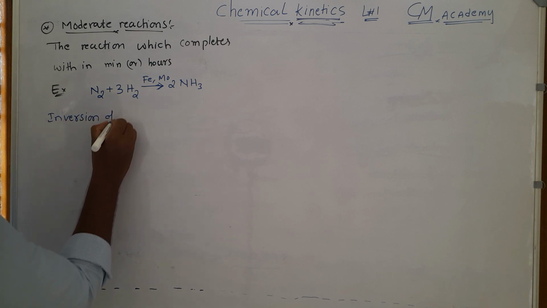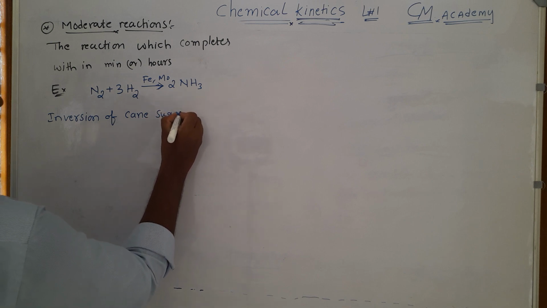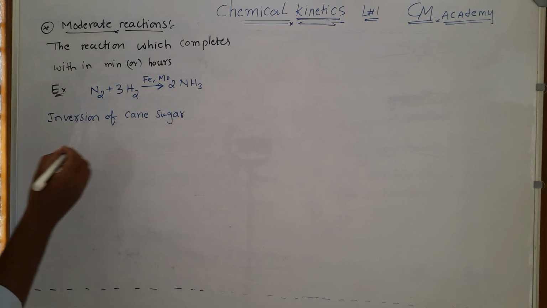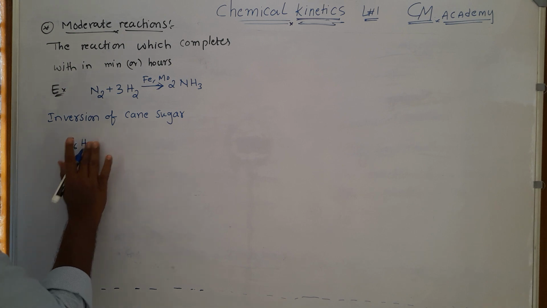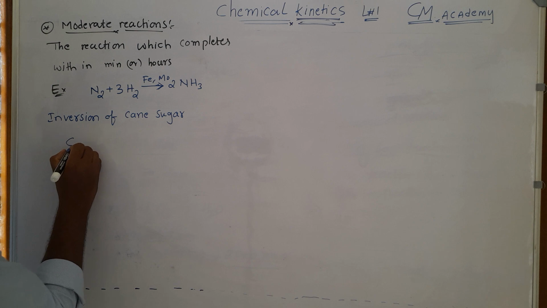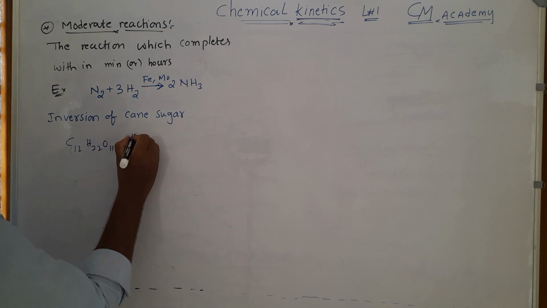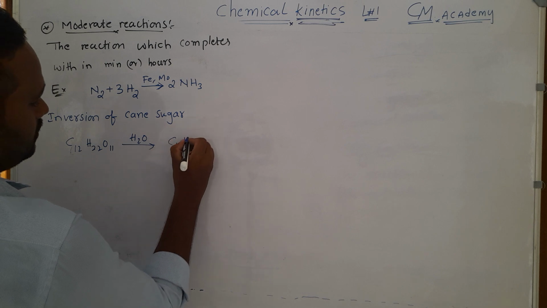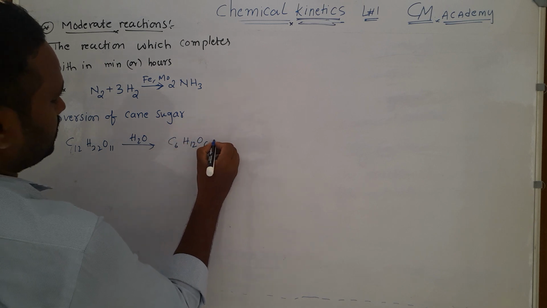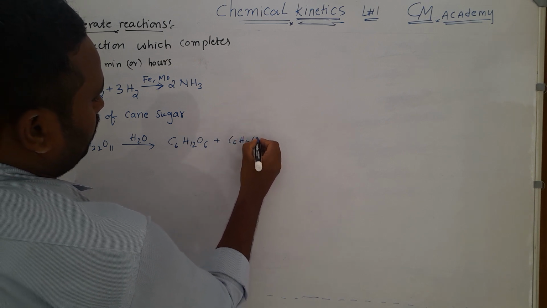Inversion of cane sugar. Cane sugar formula is C12H22O11. In the presence of water it becomes C6H12O6 plus C6H12O6.